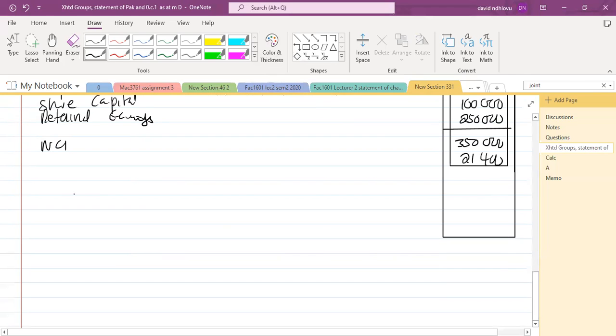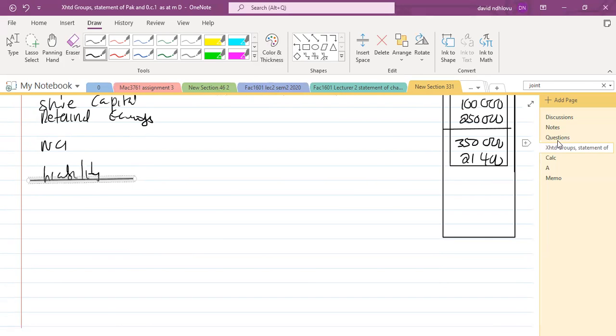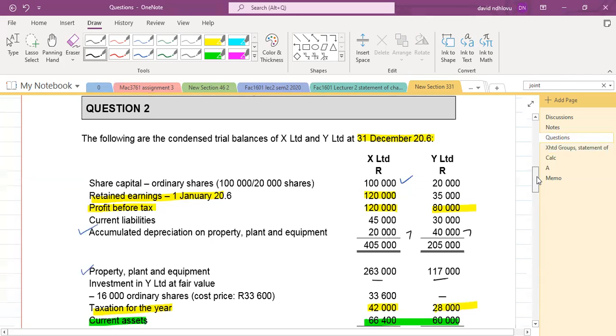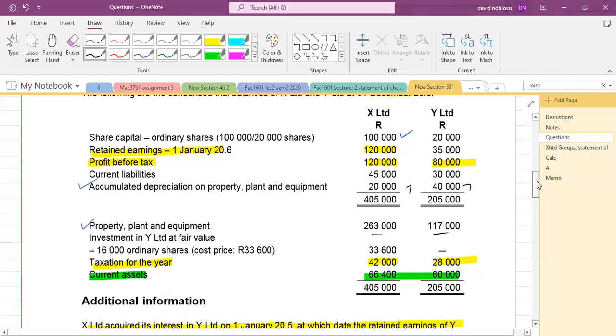Right, what we need is the liability section. On liabilities, we've got to check. Are there any non-current liabilities that we provided for? I don't see that. There were no non-current liabilities, but we do have the current liabilities.